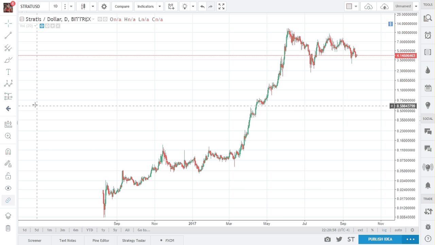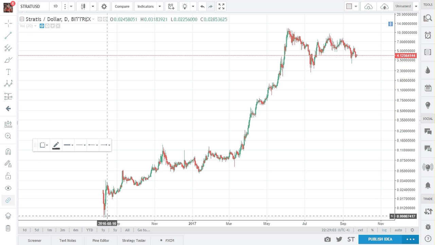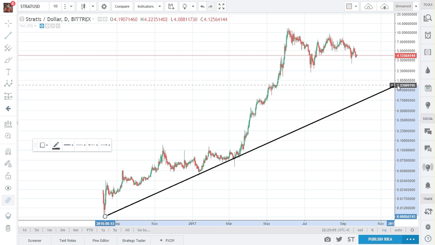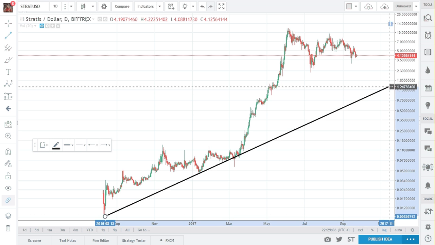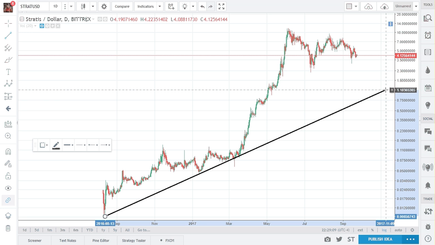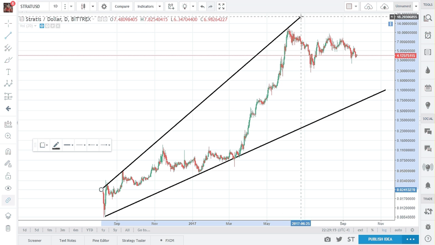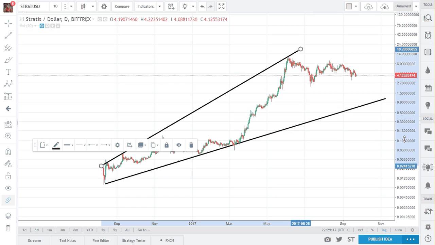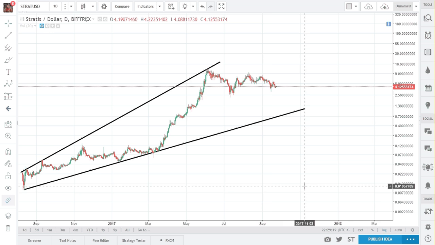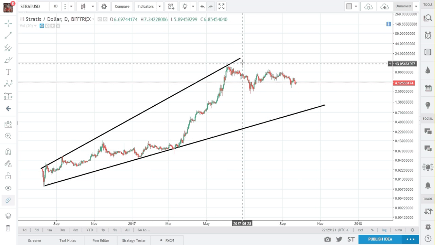And now that triangle has disappeared. But what do you see here? The jaws of wealth.